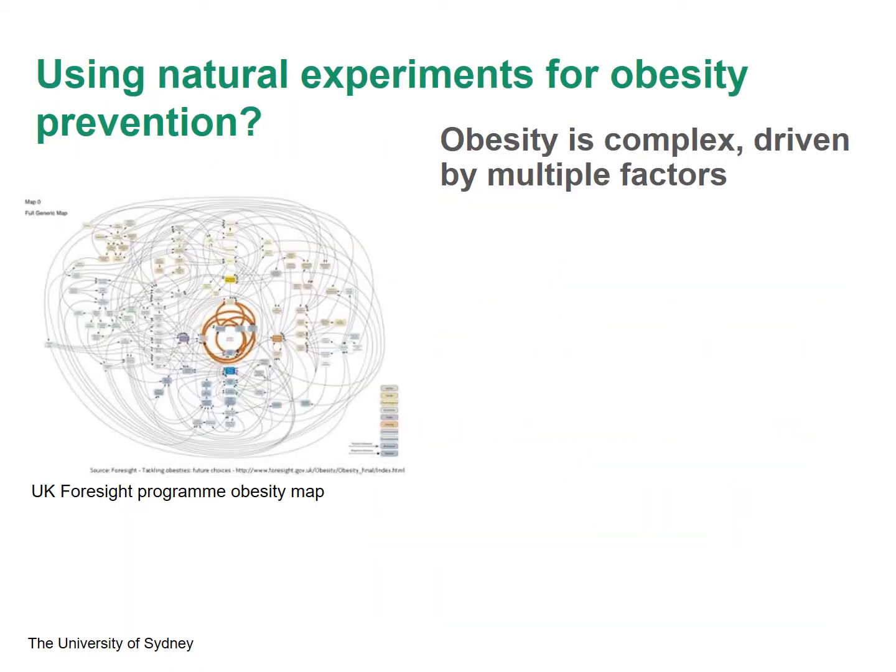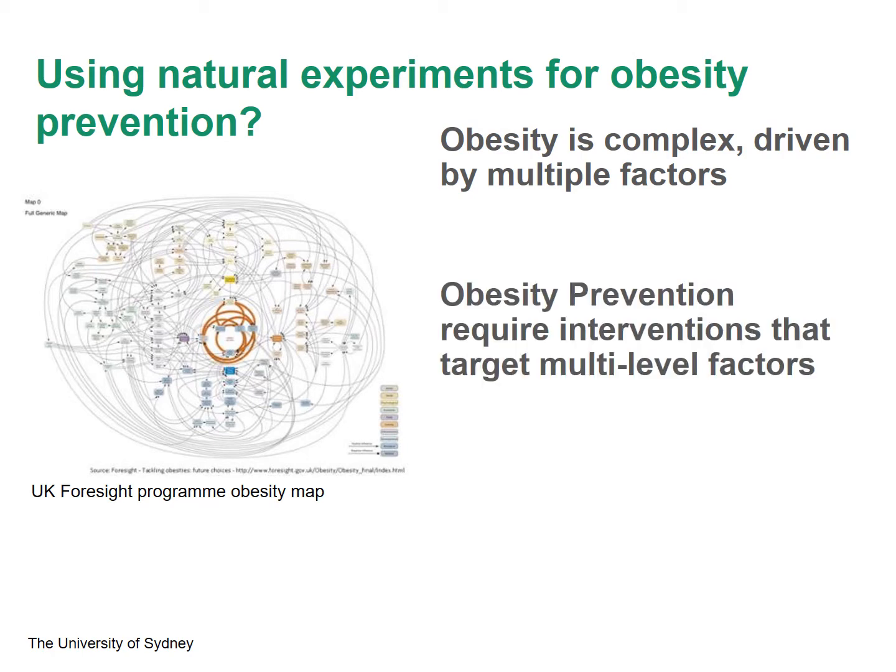So the question is, how can natural experiments help to build evidence for obesity prevention? Well, issues like obesity are complex, driven by multiple interrelated factors, including environmental, social, cultural factors, not just the individual behaviour.